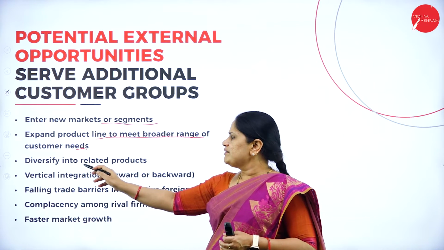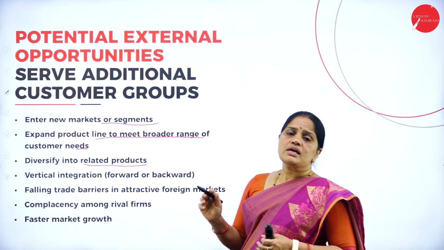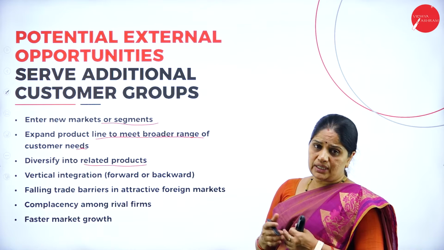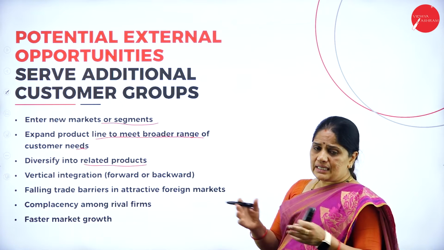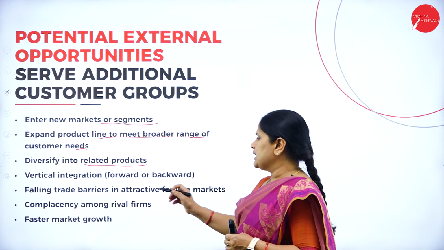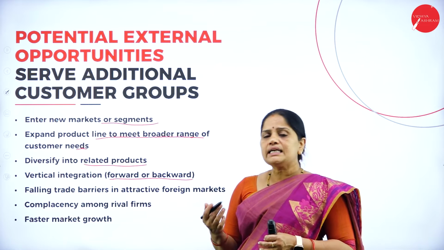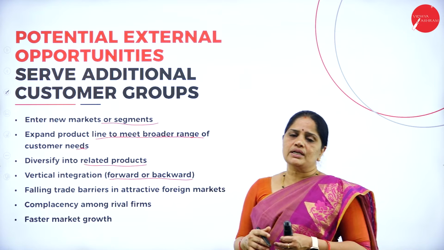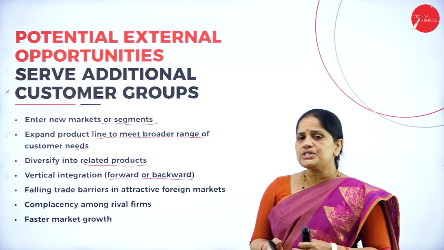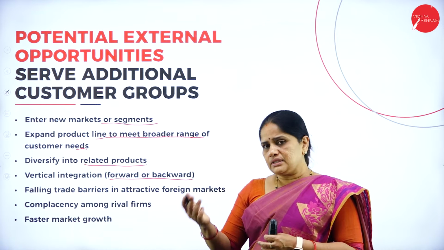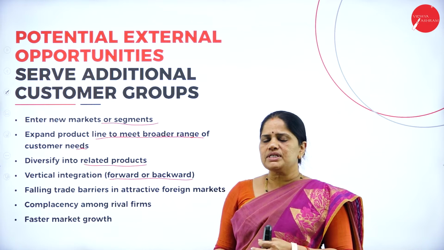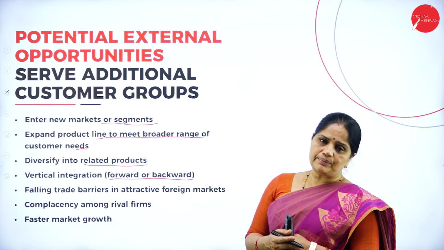Then diversify into related products. So what are the related products? Actually, they are now manufacturing, and then diversify into more related products, that is vertical integration, that is forward integration or backward integration. Now what is forward integration? You go and do direct sales with the customer so that you can collect direct feedback from the customer.